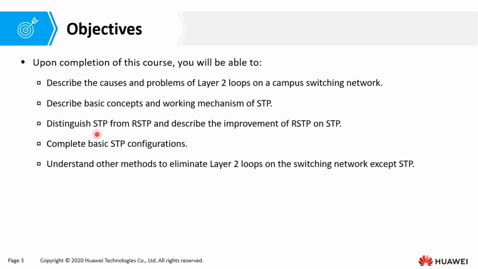Then we will look at how RSTP was introduced to improve and enhance the performance of STP, and what the differences between them are. And now that you know the theory, how you are going to configure STP on layer 2 to stop and eliminate the layer 2 loops.